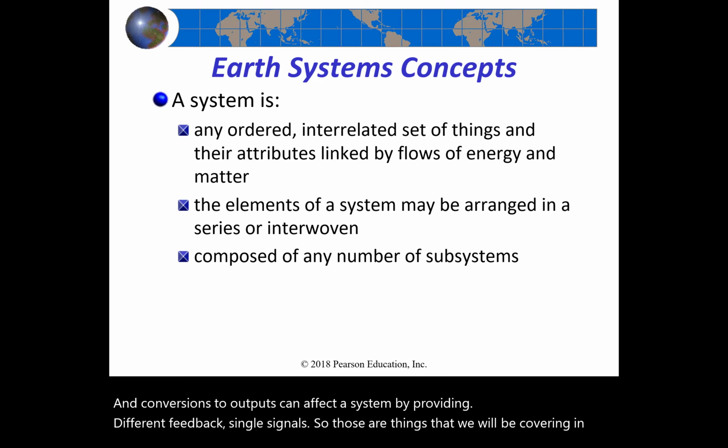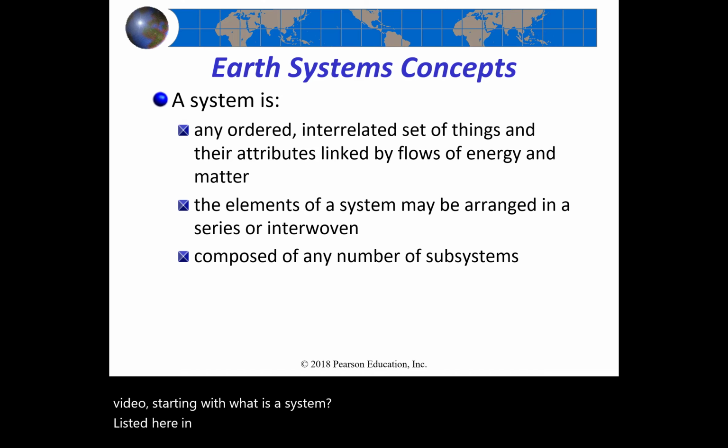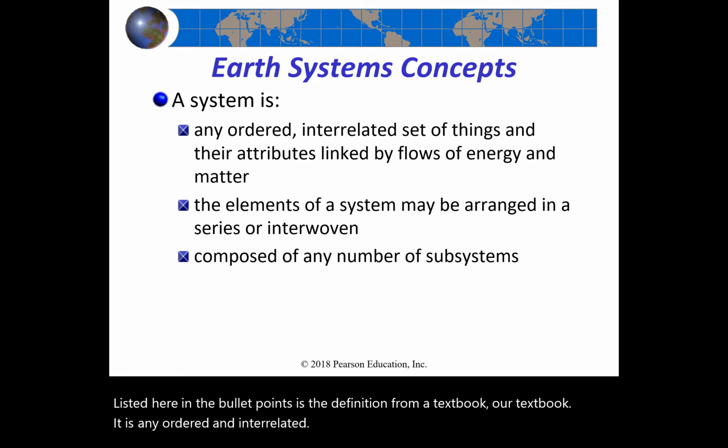Starting with what is a system? Listed here in the bullet points is the definition from our textbook. It is any ordered and interrelated set of things.